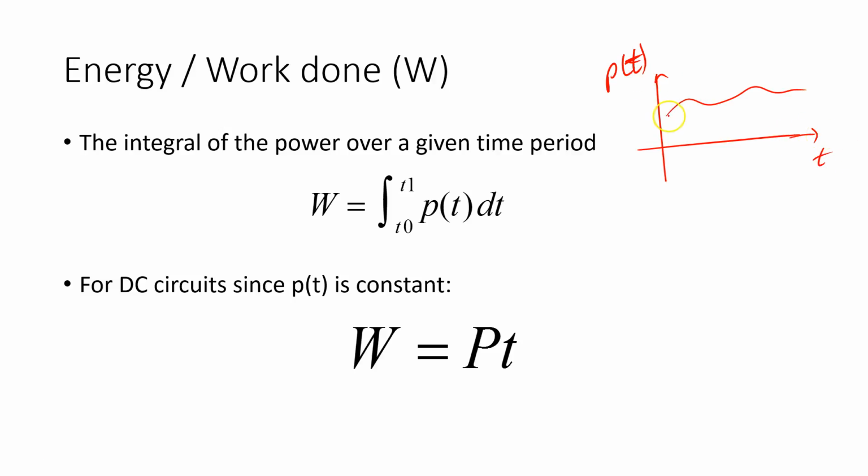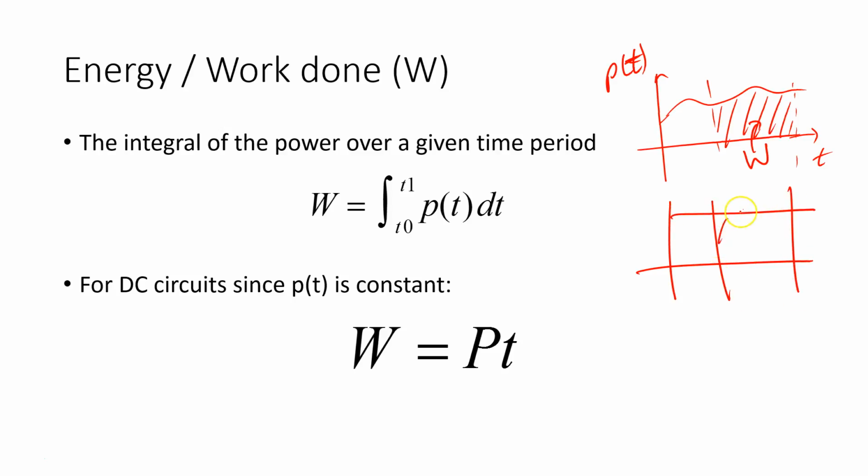And if we integrate P with time, that will give us the area under the curve, which is the energy or the work done. Since for DC circuits P is constant, then we just have to multiply it by t, since it's the area of a rectangle, and we get work done is equal to power multiplied by time. Good. So those are the basic equations.